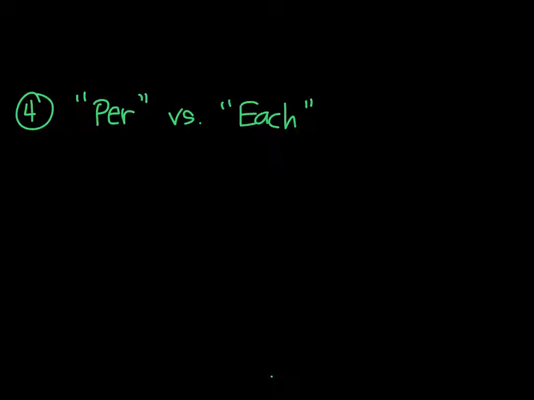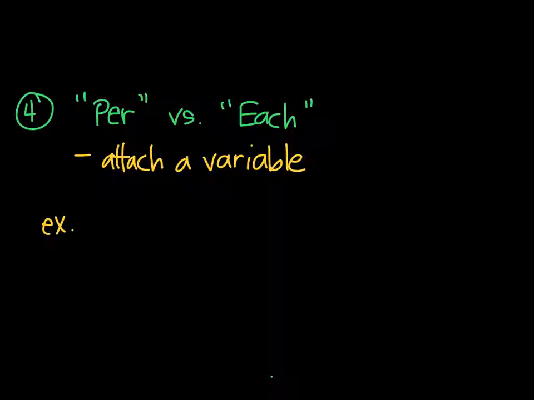When you see those words, again, you're always going to attach a variable. That's what those words are going to mean. Okay, the word per, the word each, just like percentages, you need to attach that variable to represent the unknown. And when you see per or each, you want to attach a variable. All right, so let's practice an example of how that might show up in a sentence.